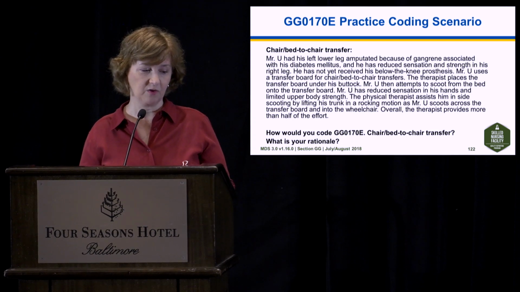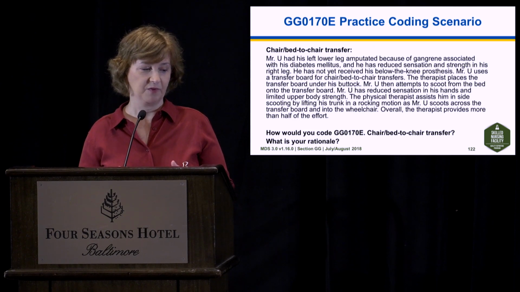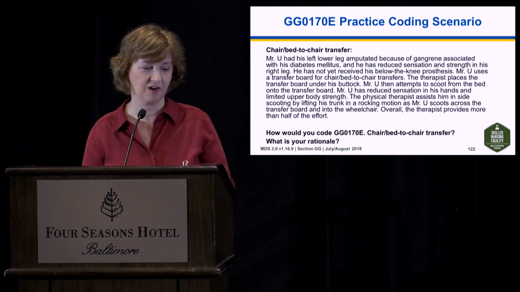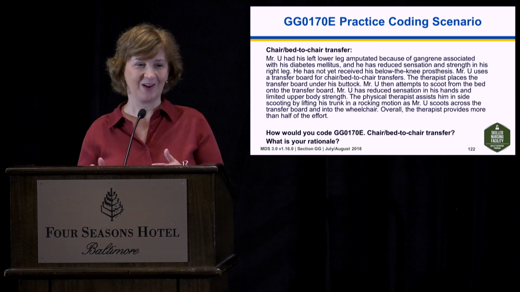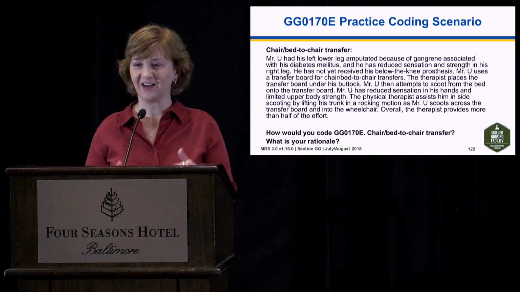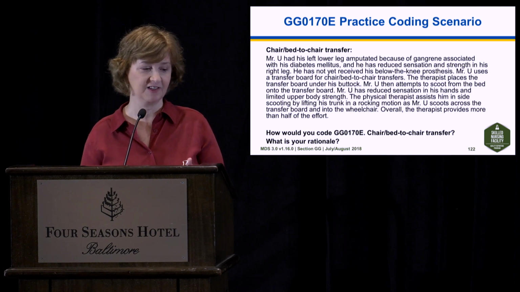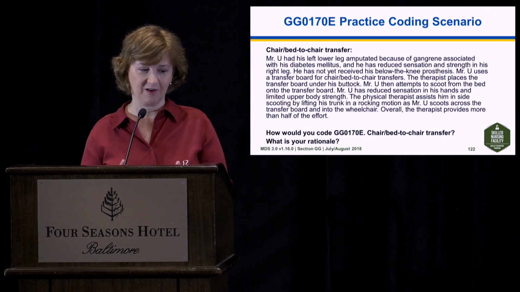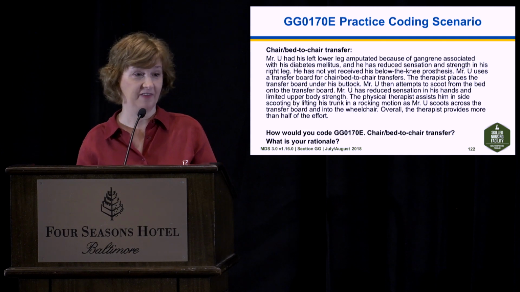So the physical therapist assists him to scoot by lifting his trunk in a rocking motion as Mr. U scoots across the transfer board and into the wheelchair. So there's a lot going on there. So basically, the resident is doing some assistance. There's only one helper involved. So just to kind of clarify things, it does say overall the therapist provides more than half of the effort.